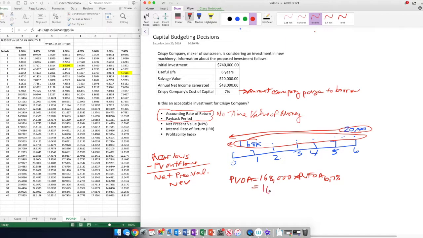So we're going to take 168,000 times 4.7665, and if we do the math, we see that this comes out to be $800,772.